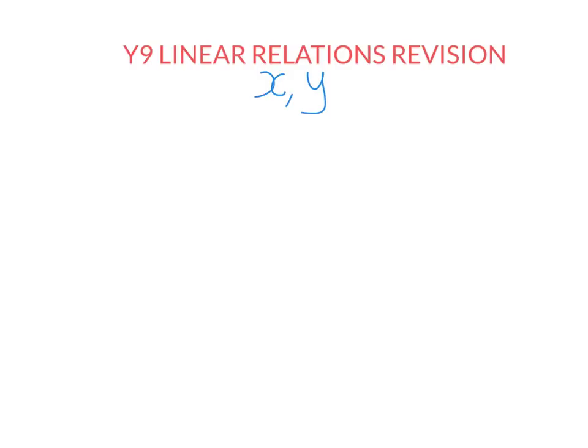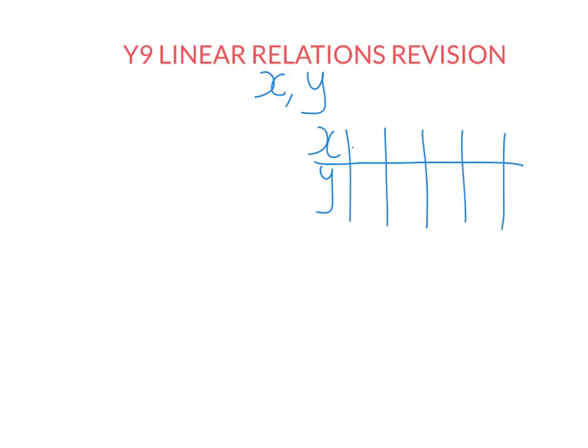So what does it mean if the relationship between x and y is linear? Well, let's look at a table of values. You're probably familiar with this, and we can use this to compare values. So I'm just going to chuck in some random values for x and y. So here, each time x is increasing by 1, going up by 1, y is doing the same thing each time.